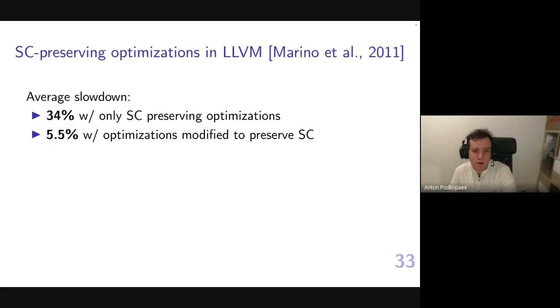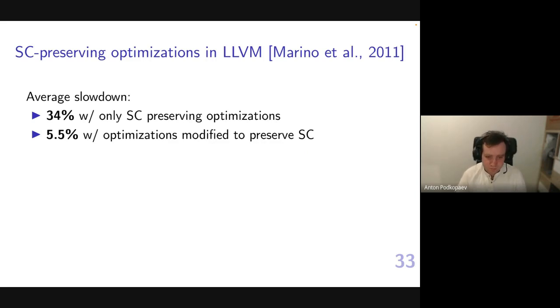Okay, so however, we might try to force a compiler to preserve sequential consistency, and there is a research paper on that topic. In 2011, there was a paper showing that you could modify optimizations done in LLVM to preserve sequential consistency.